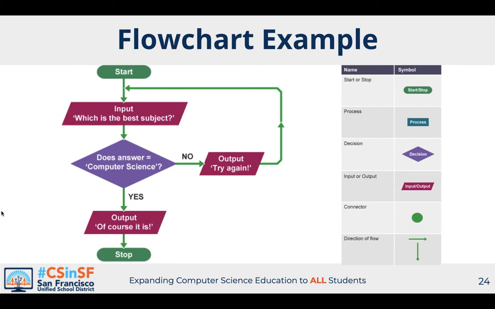The input asks which is the best subject. It then asks the program to make a decision. Does the answer equal computer science? In which case, it will output try again and loop you back to the input. If the person gives a correct answer, which is computer science, it will be, of course it is, and the program would stop.